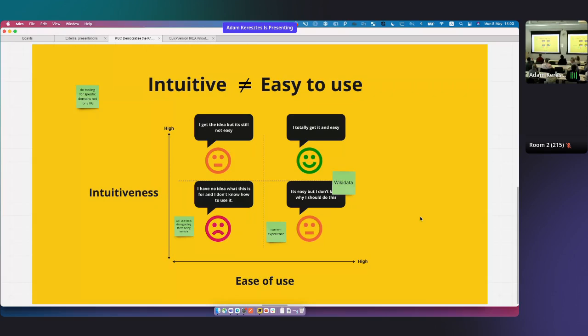And there is such a thing as too simple. Where is the right middle? But I think in your analysis, ChatGPT is easy to use, so it's high, but it's like, I don't know why I should do this. People are still figuring out, is this now the new Google, or what to do? So maybe it's, can I trust it?